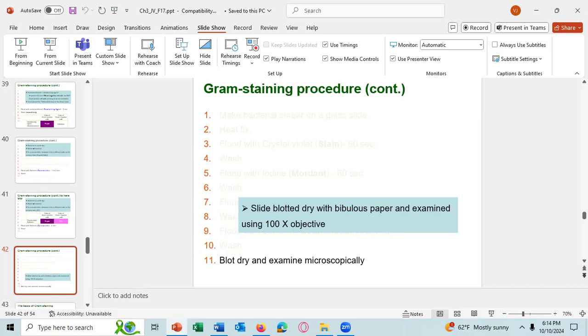So you fold it over, and then blotting it dry just means press down on the bibulous paper to blot the slide. You do not take the bibulous paper and slide it against the slide. You do not take the slide and slide it against the bibulous paper, because if you do, you would remove the cells. You just blot it dry, where you press down the paper directly onto the slide.